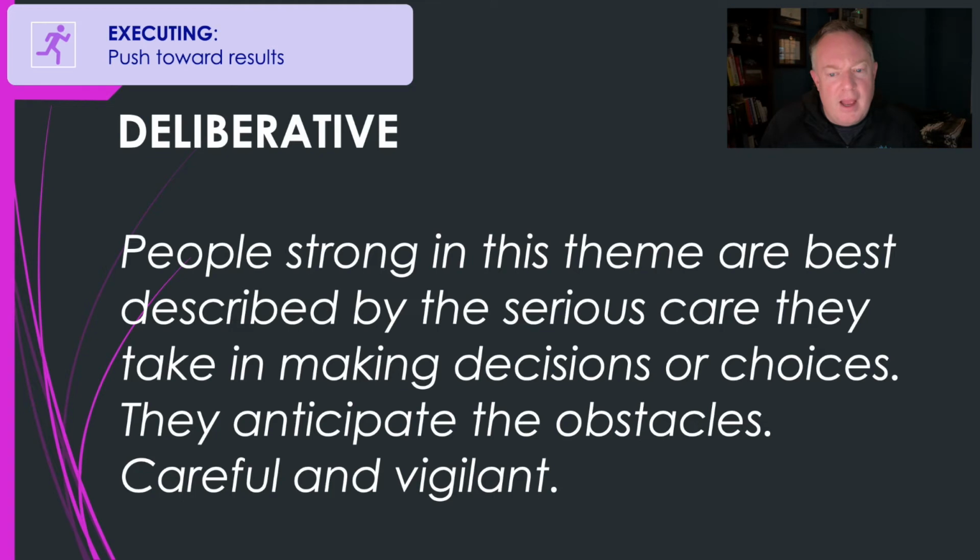Also, I think if you're highly deliberative, you should always explain your motive to others. You're definitely not trying to slow things down or stop things. You're trying to enable safety and stability so that things can go faster, go forward. I had a boss who used to say, why do sports cars and race cars have brakes? It's not so they can slow down, it's so they can go faster.